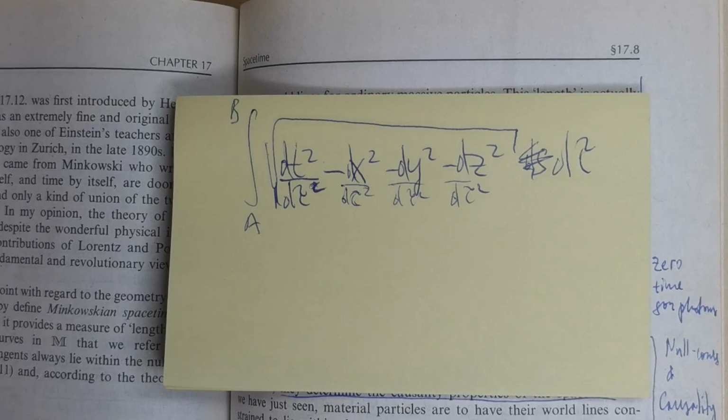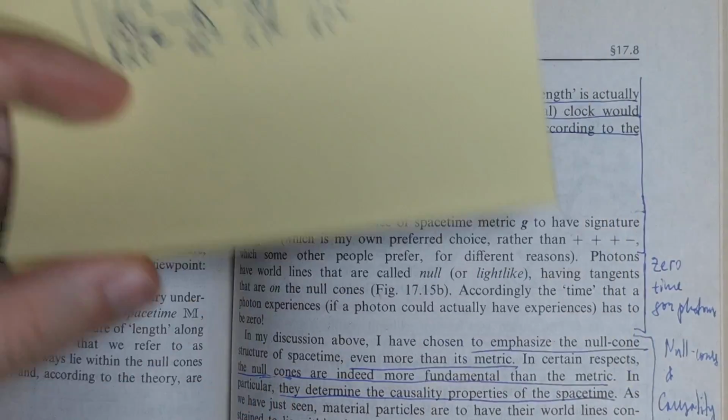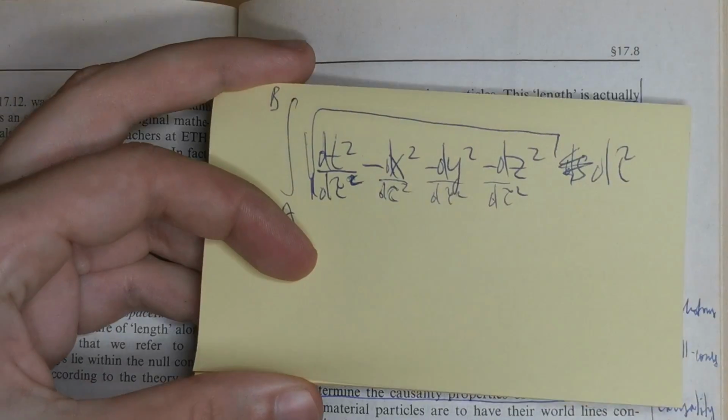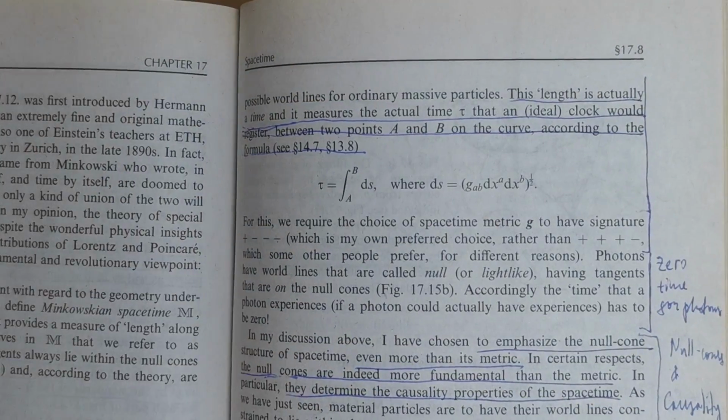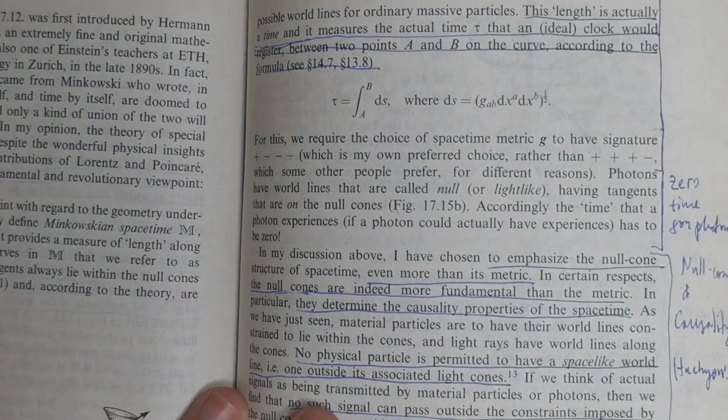Like all the space-like parts would be 0. So the d tau is just the value of the interval when the space-like parts are all 0. But we'll get to more of that in a little bit. But that is how you evaluate this integral.